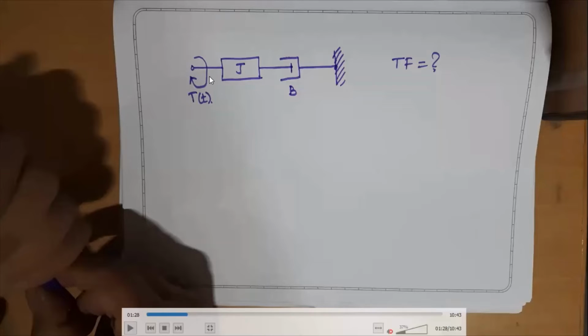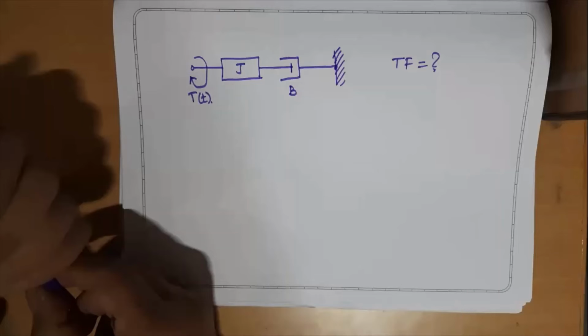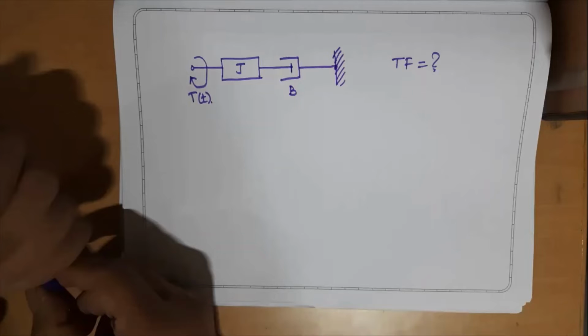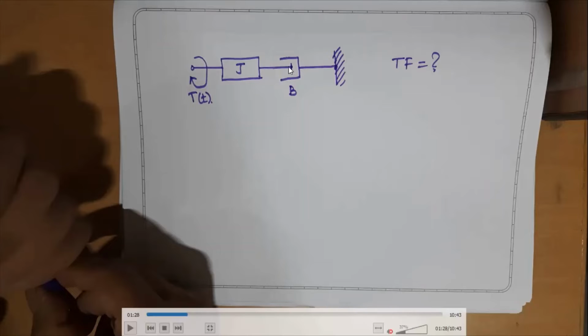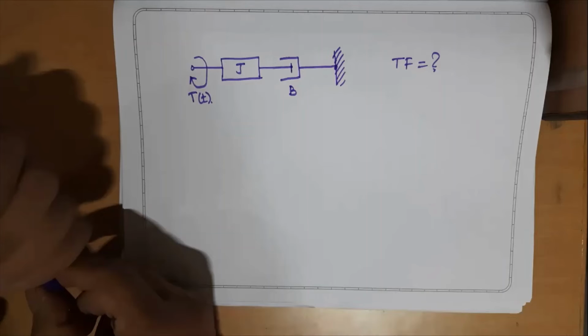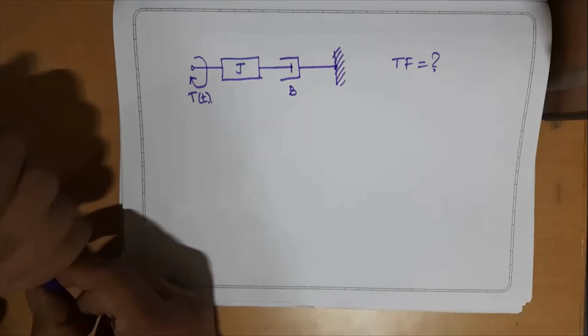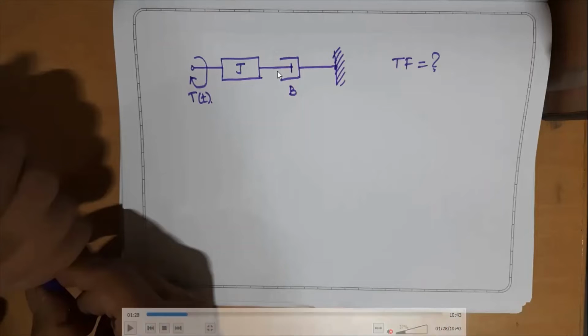If there is a 10 degree displacement here, the other end also will have 10 degrees. Since this J block is connected to one free end of the damper, this end of the damper will also have a 10 degree displacement. Whatever displacement occurs on the shaft or the moment of inertia block, the same angular displacement occurs at this end of the damper also.